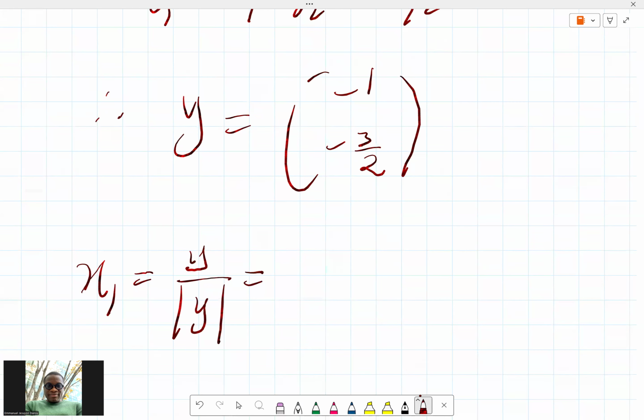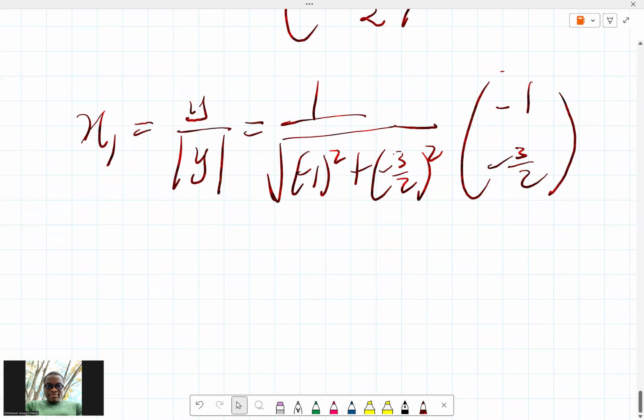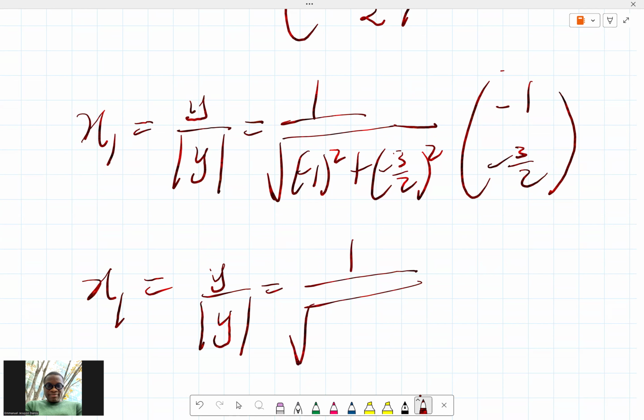So that means we have 1 over the square root of minus 1 squared plus minus 3 over 2 squared, into (minus 1, minus 3 over 2). Minus 1 squared is 1, plus 9 over 4.